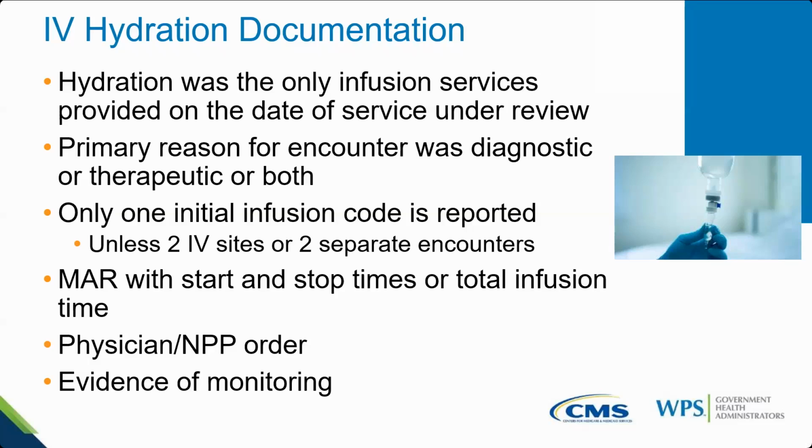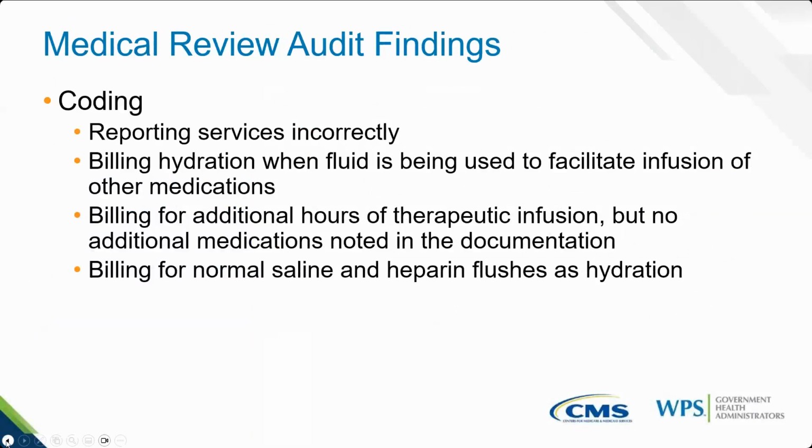We're going to look at patient assessments. We're going to look at any evidence of skin turgor, or look to see if there are any lab values that are improving, etc.